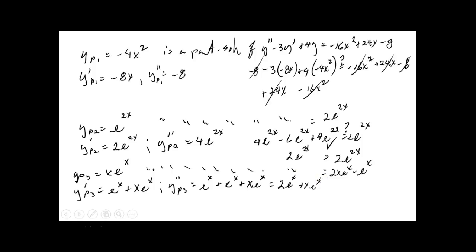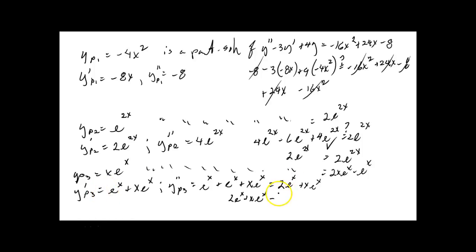Now let's plug those into our equation. Y double prime was this one: 2 e to the x plus x e to the x, minus 3 times y prime.